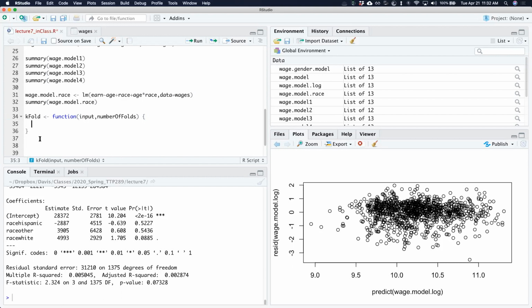In this case, we are going to do this for our wage model. So the input is going to be our initial set of data, and then the number of folds, which is how many times we're going to do the iteration by leaving out training and testing data.